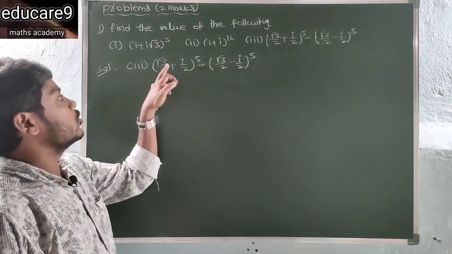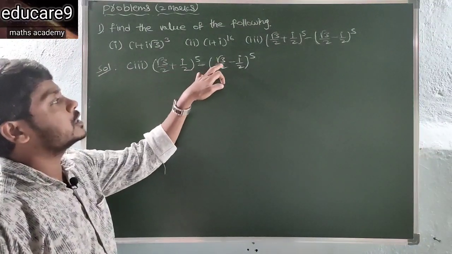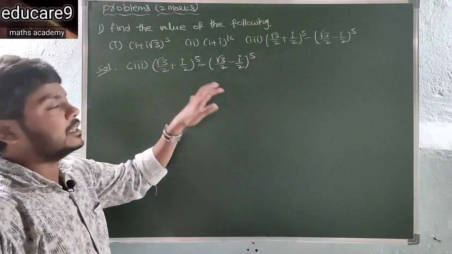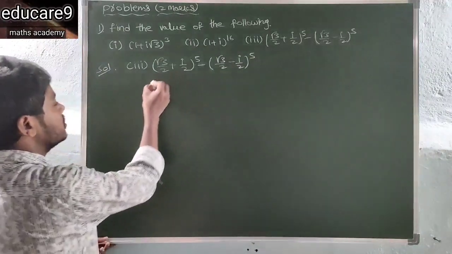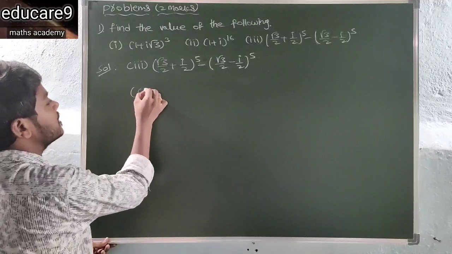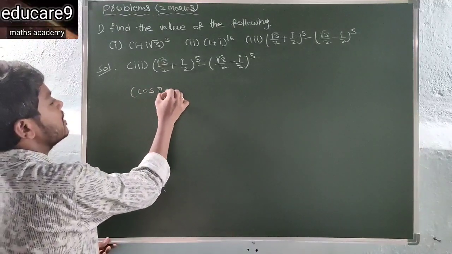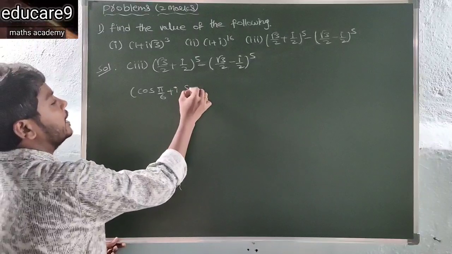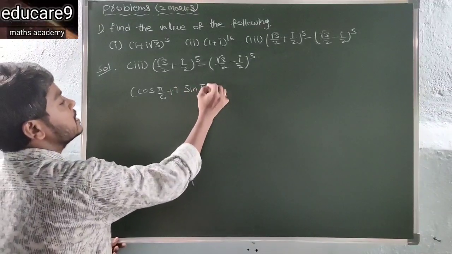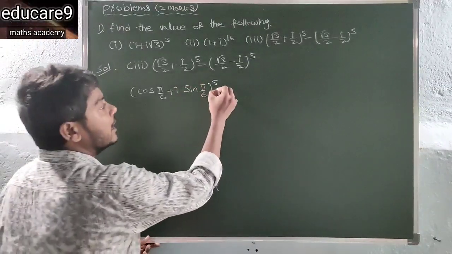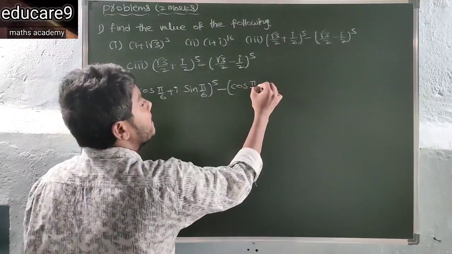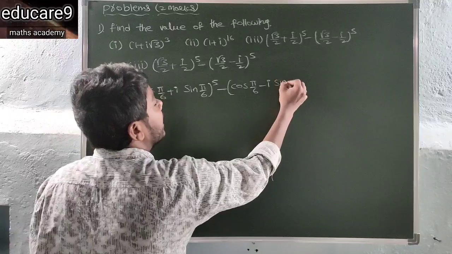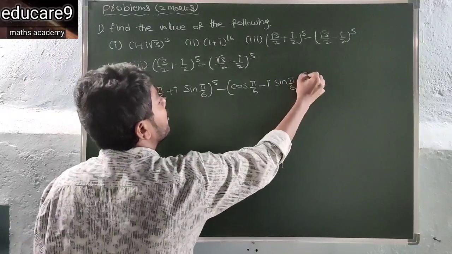See the question number 3. (Root 3 by 2 plus i by 2) to the power of 5 minus (root 3 by 2 minus i by 2) to the power of 5. So write these two terms in terms of cos theta plus i sin theta. So clearly root 3 by 2 can be written as (cos pi by 6 plus i into 1 by 2, write as sin pi by 6) whole to the power of 5, and minus again (cos pi by 6 minus i into sin pi by 6) whole to the power of 5.